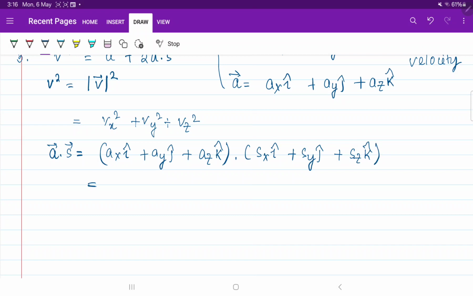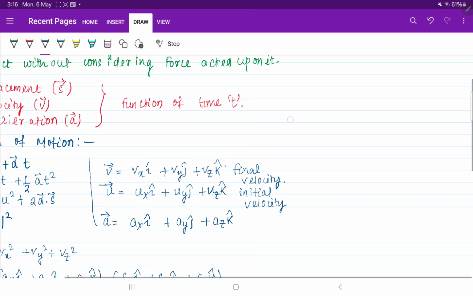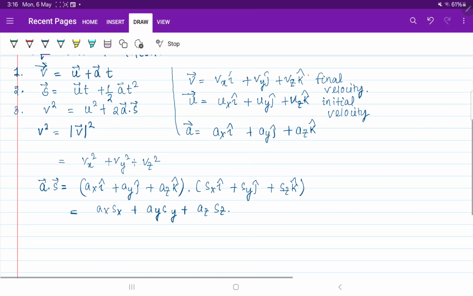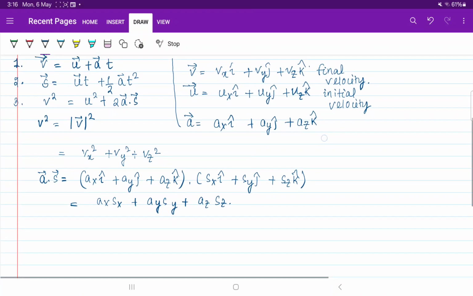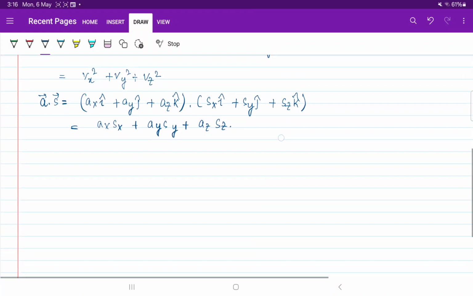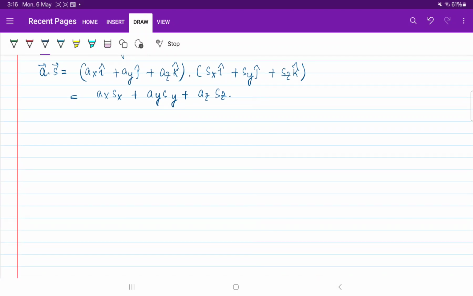In a dot product, i dot i is 1, j dot j is 1, and k dot k is 1, and other combinations are 0. So we get ax sx plus ay sy plus az sz. These are the basic preliminaries of the vector quantities involved in kinematics.